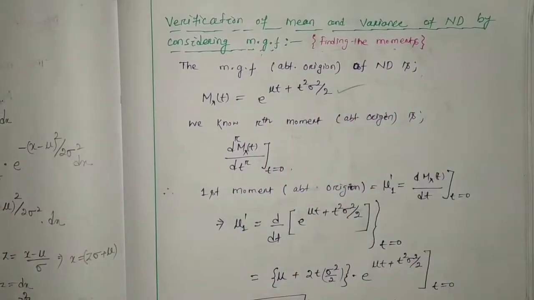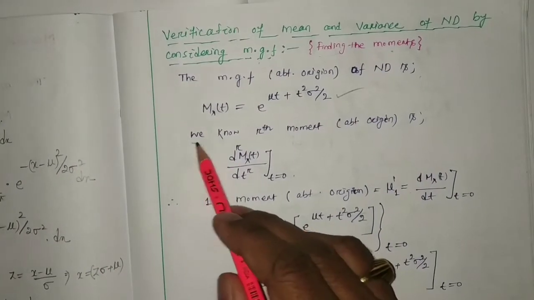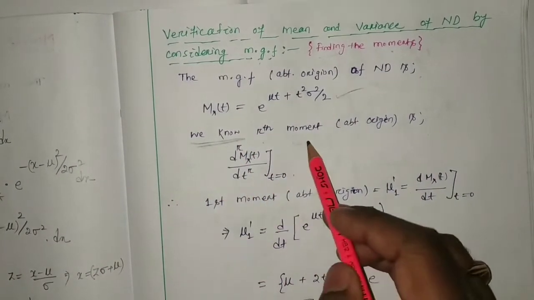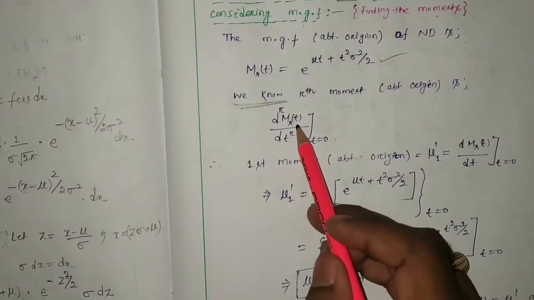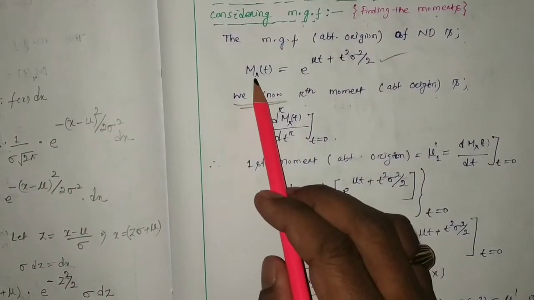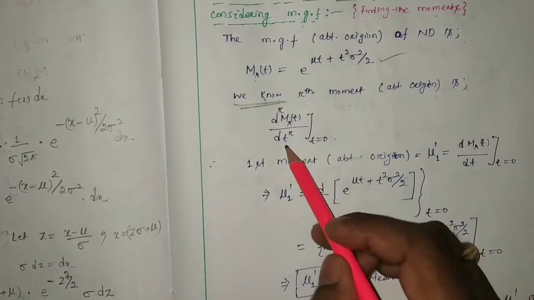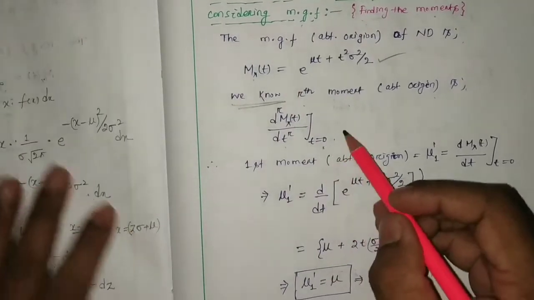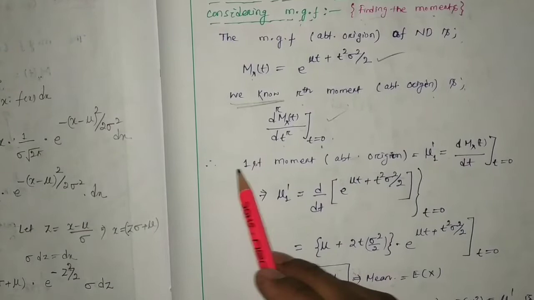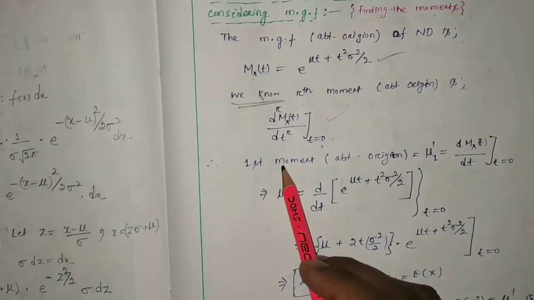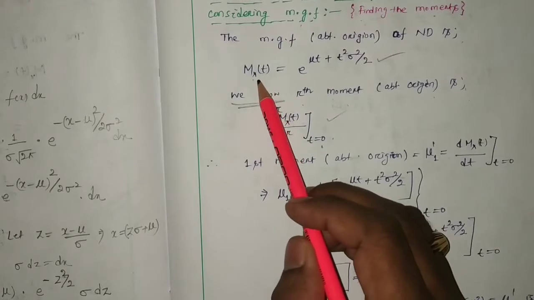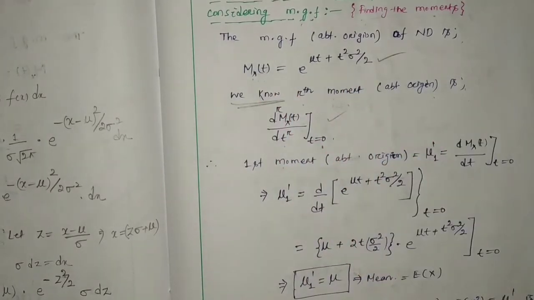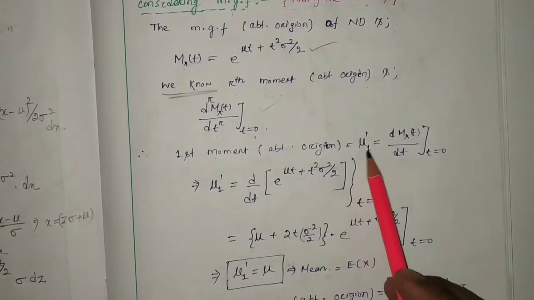We already know that the rth moment about the origin is the rth derivative of the mgf with respect to t at t equal to 0. So the first moment will be the first derivative of M_X(t) with respect to t at t equal to 0, which is mu 1 dash.